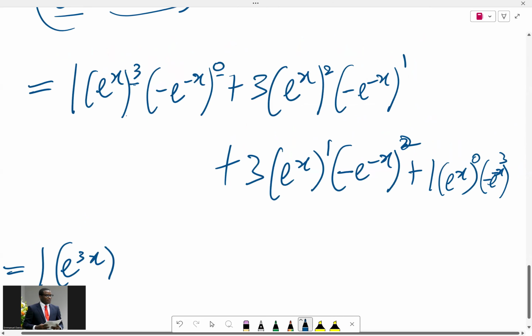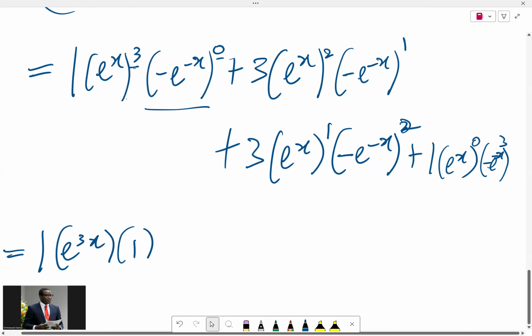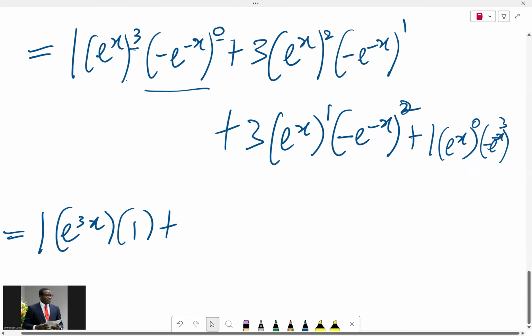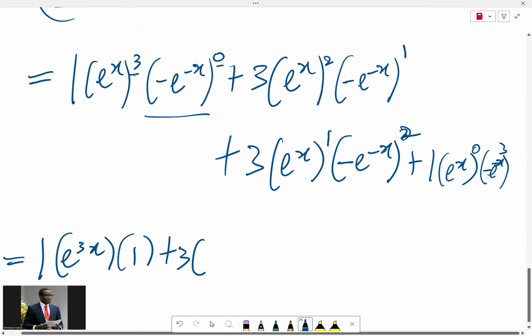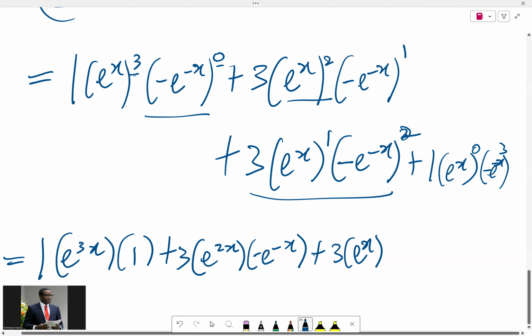Then for this one, anything raised power 0 is 1, plus, then the next one, you have 3 into e raised power x raised power 2. You have e raised power 2x. Okay. Then this raised power 1 is just that, minus e raised power minus x. And when you come to this point, you have 3 e raised power x raised power 1, which is e raised power x. Then here you have minus.